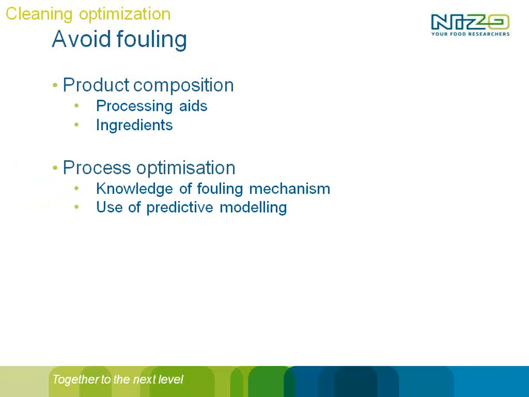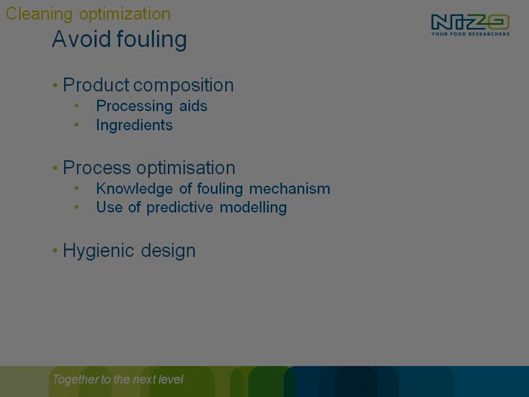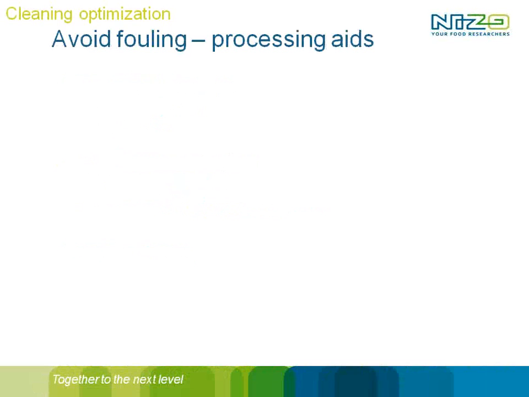If you know about the fouling mechanism and the reasons behind it, you can also think about how to improve it, and whether you can, for example, use different temperatures, different residence times, improve your process line, that way optimize your process. And predictive models are of great help for that, as far as our opinion accounts. And third of all, use a hygienic design.